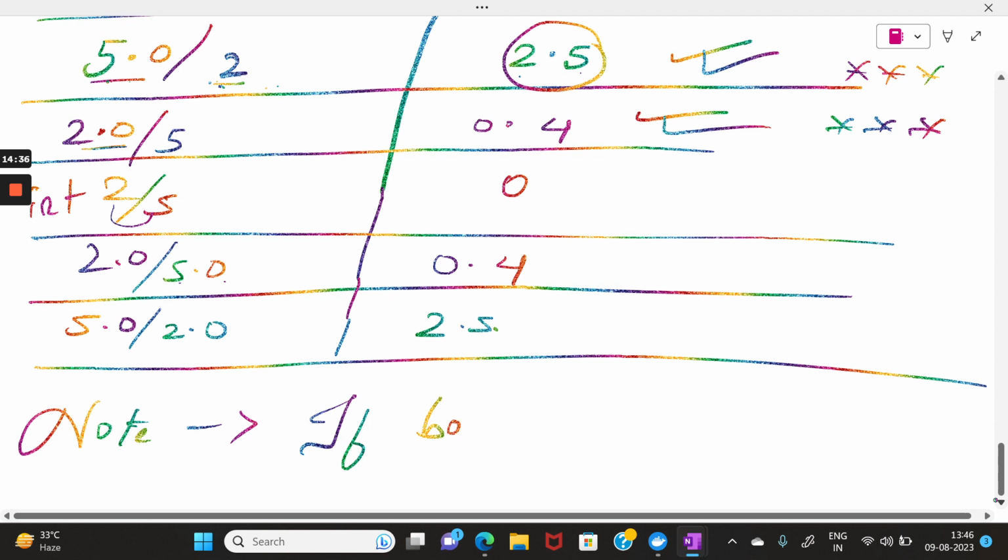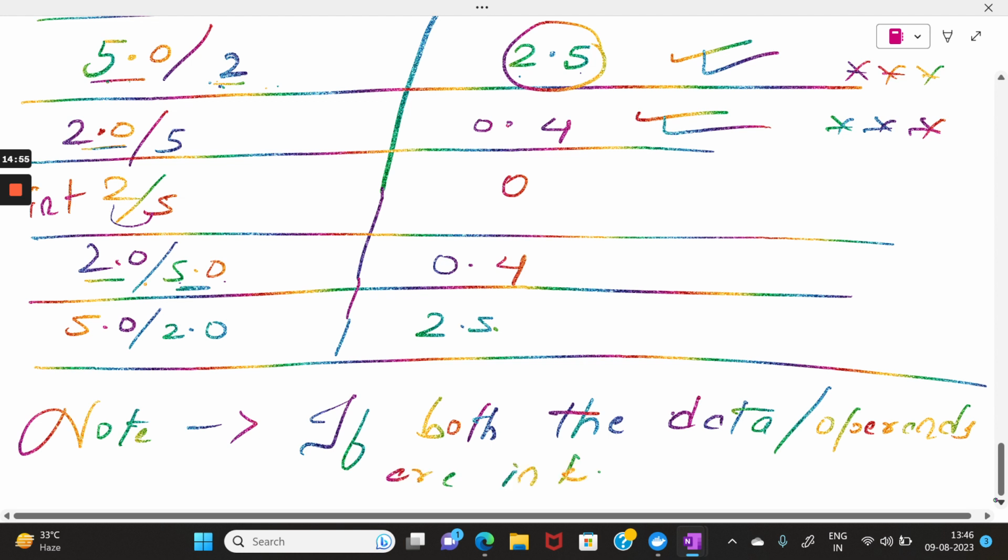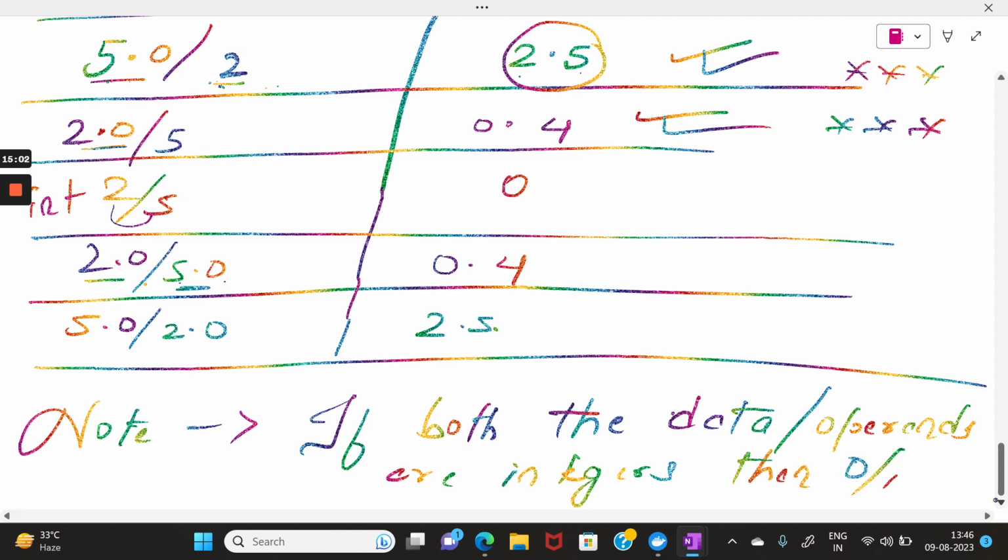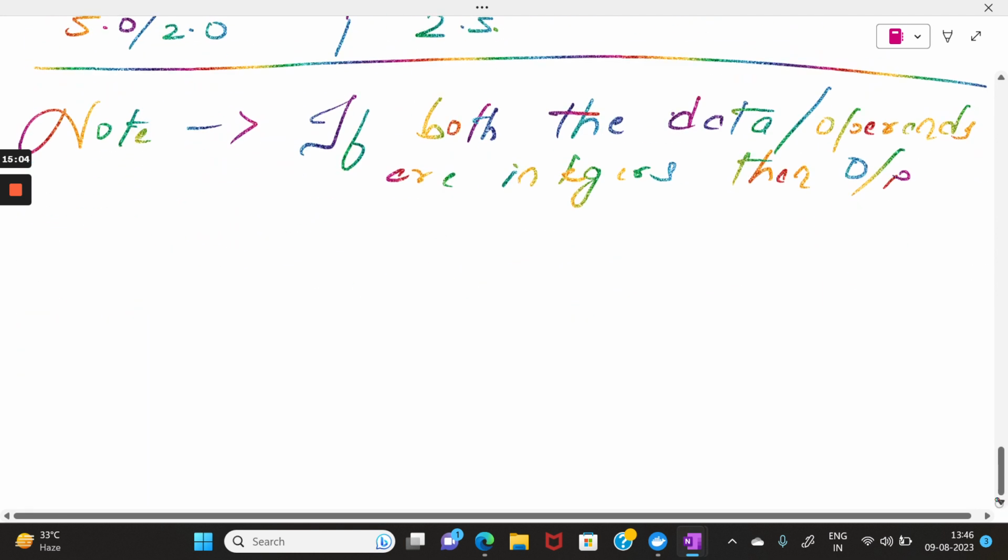This is an operator and this is our data. So if both of the data, or operands, you can say, are integers, then of course the output will be an integer only.